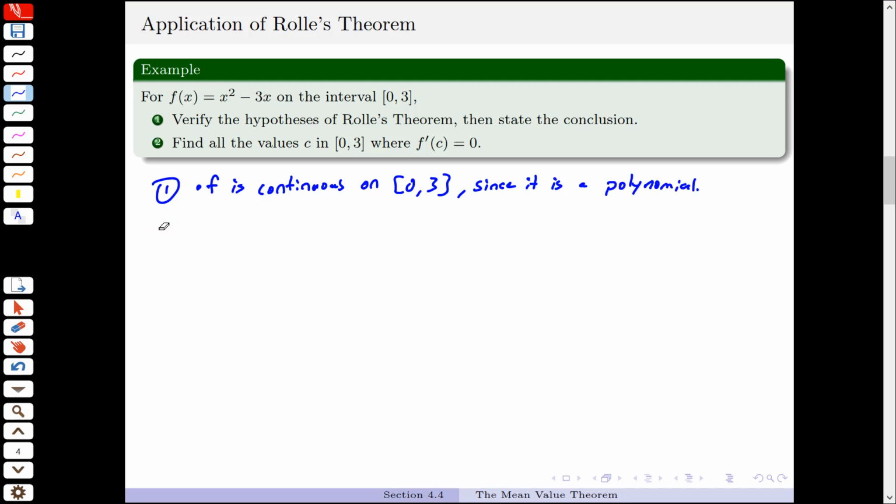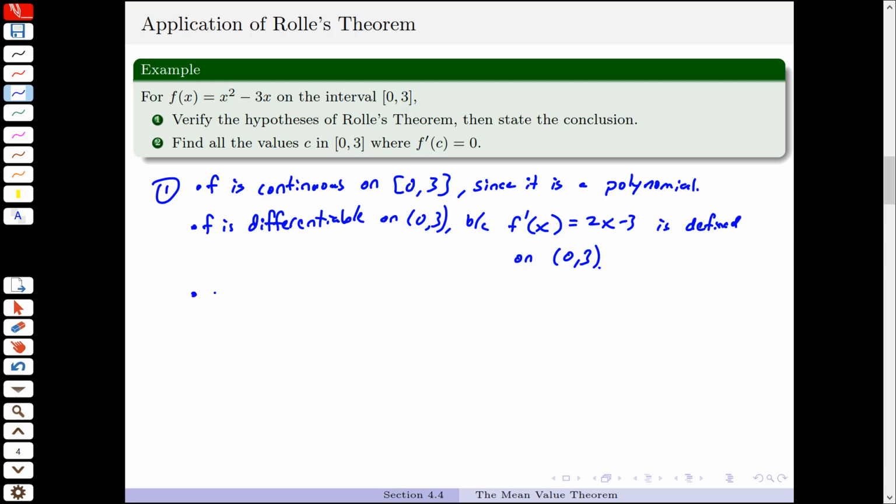Next, we want to show that f is differentiable on this interval. The easiest way to show that something is differentiable is to show that its derivative exists. So I know that the derivative, f'(x), is 2x minus 3, and this is clearly defined on the interval 0 to 3.